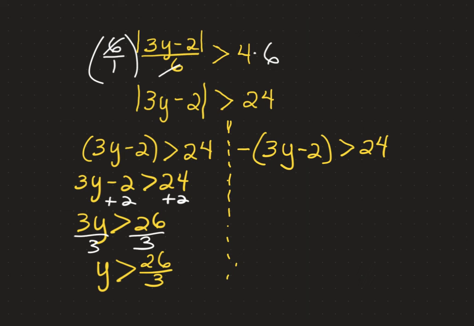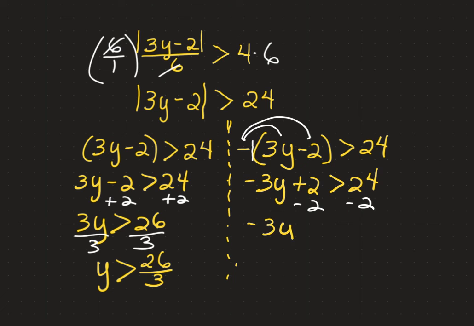But on the other side of this dotted line, we have a negative that we have to distribute, because that's like a negative 1 there. So negative 1 times 3y is negative 3y. Negative 1 times negative 2 is a positive 2. Oh, wait a minute. No, I'm going to do it this way. It's okay, there's another way to do it. You can ask me if you like. Okay, and subtract 2.